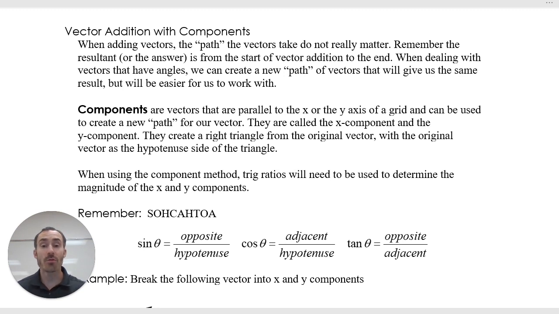This relies on the fact that when you're adding two vectors together, you don't actually need to worry about what order they're being added in. If we add up a vector going this direction and then a vector going this direction, the resultant is here.